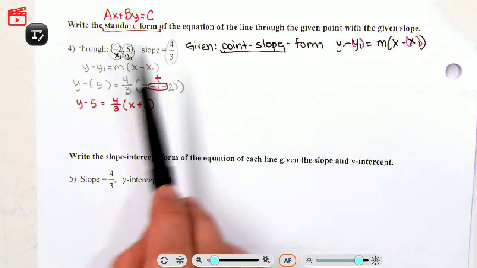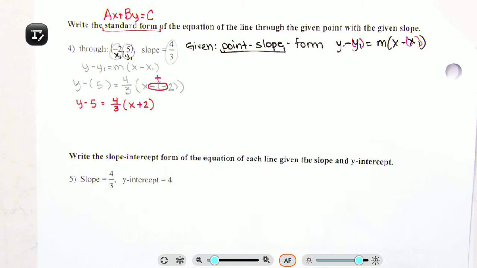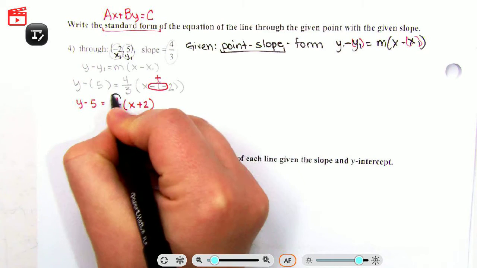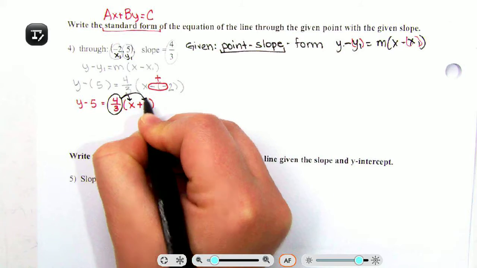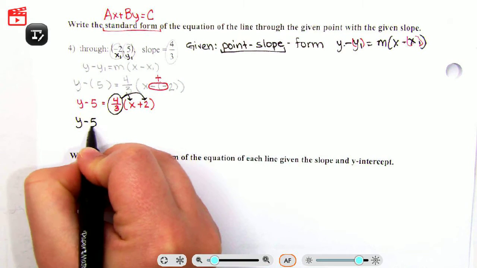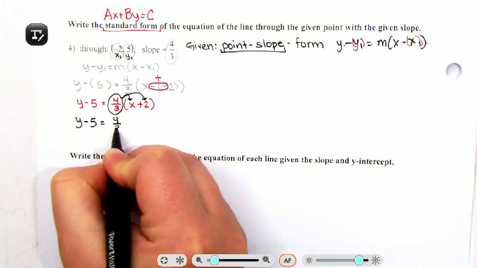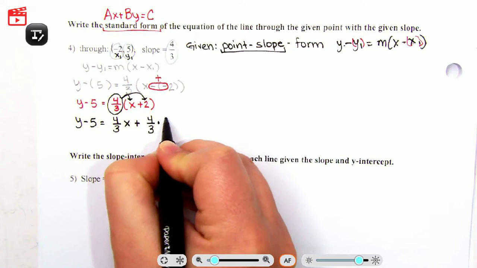Not quite. It's asking for standard form. I don't have x and y on the same side. Before I can do that, I must distribute. So this 4/3 is going to the x. This 4/3 is going to the 2. So what I really have is y minus 5 equals 4/3 x plus 4/3 times 2.